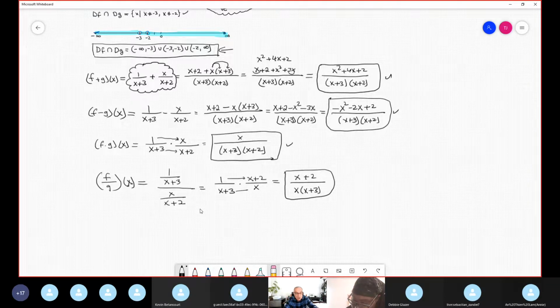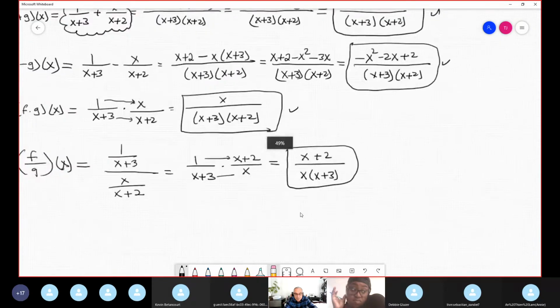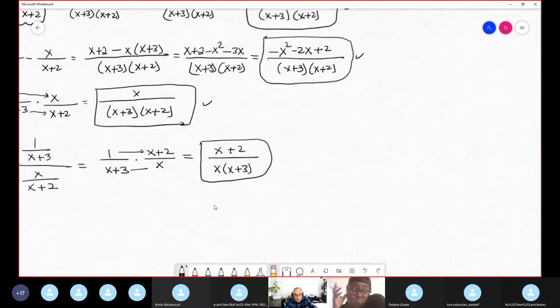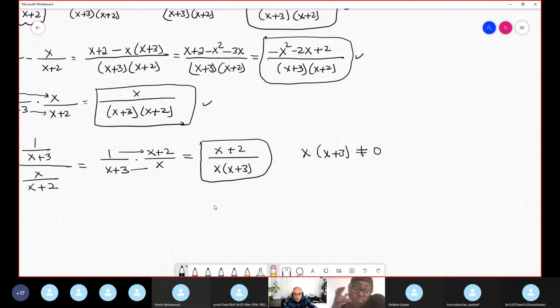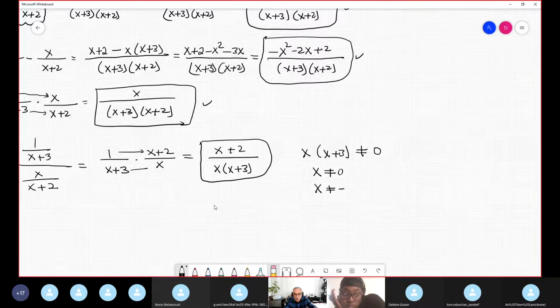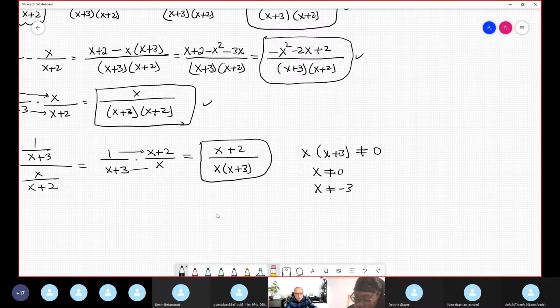The division may appear with new restrictions. The new restriction you can see here is when the denominator is 0, so x is not 0. It's obvious: x not 0 and x not negative 3. Negative 3 coincides with the same analysis we were doing before.